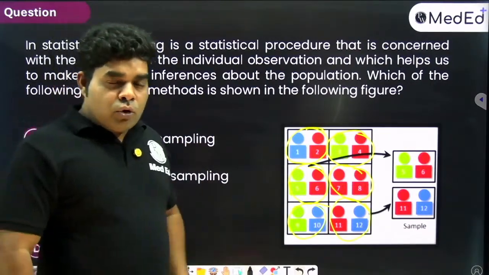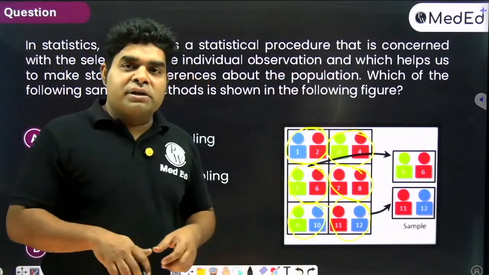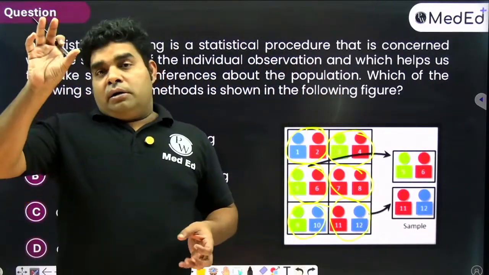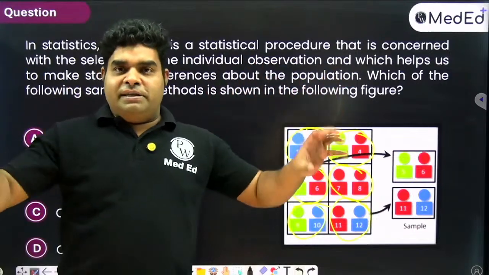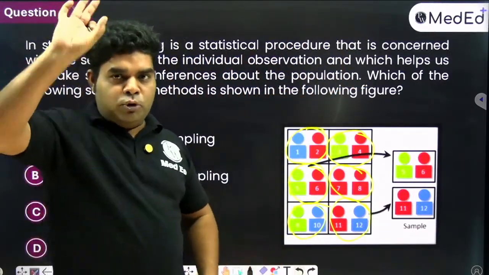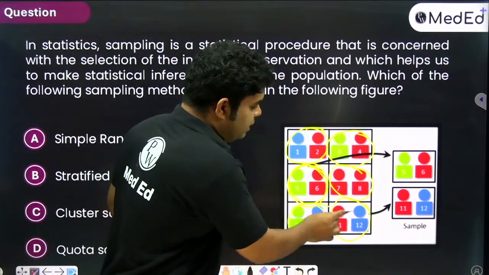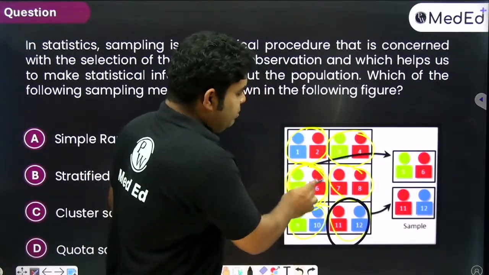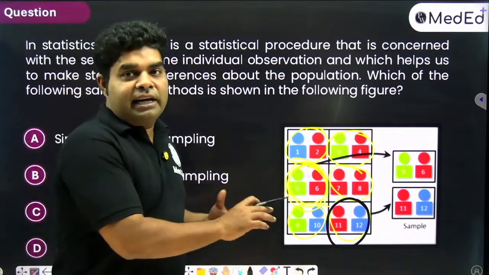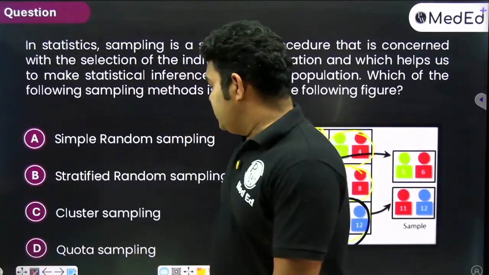So rather than choosing 10 from all 6 states in North India, you decided that you will choose 30 people from 2 states. 30 people from Punjab, 30 people from Jammu Kashmir. All the people from Punjab and Jammu Kashmir are like clusters. They are 2 blocks, 2 clusters. So this is which sampling? This is cluster random sampling.